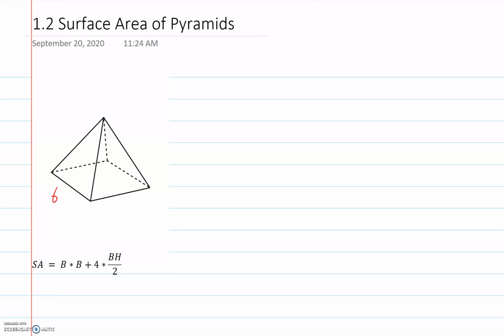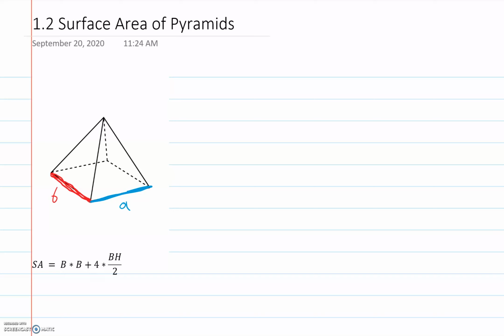So this edge here is the base, and often it'll be a square base where both sides are the same. So this will also be base, but it also could be that the other side is different, a different size.